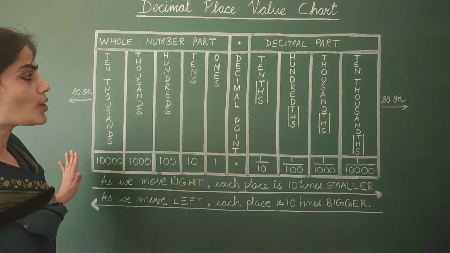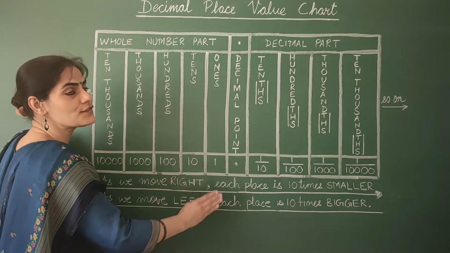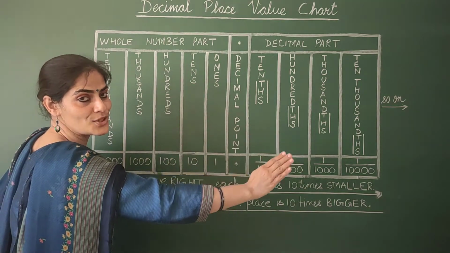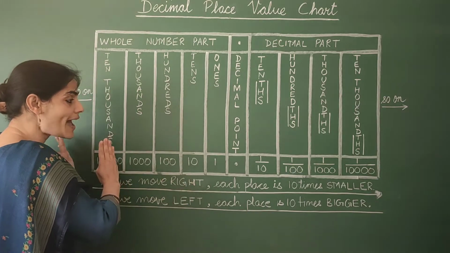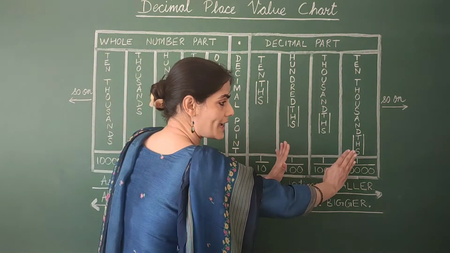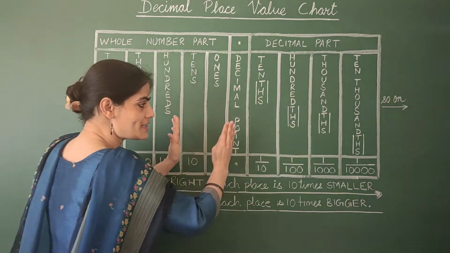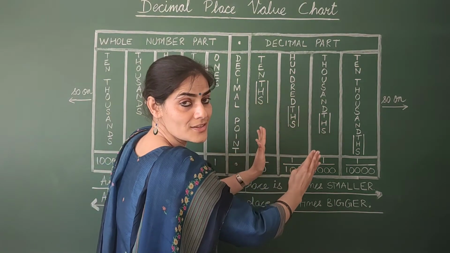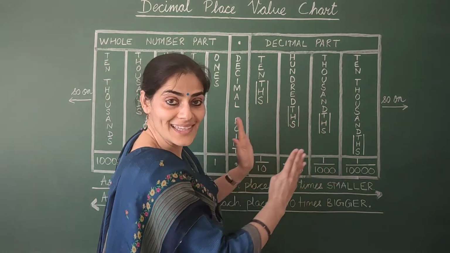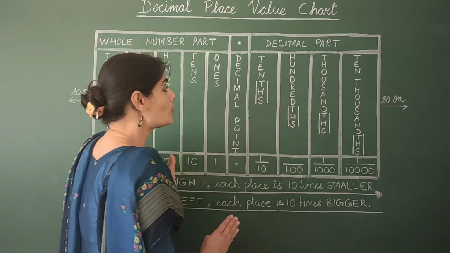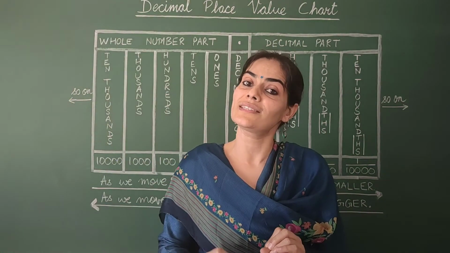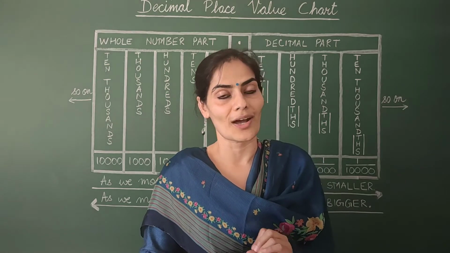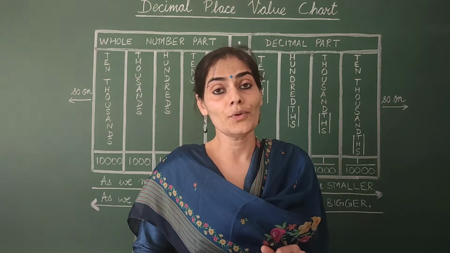So, this was the introduction of decimal place value chart. And I hope you would have understood. So, as you move towards the right, at each place, the value is reduced by 10 times. Now, you might be thinking, what is the importance of this decimal place value chart? What is a place value?